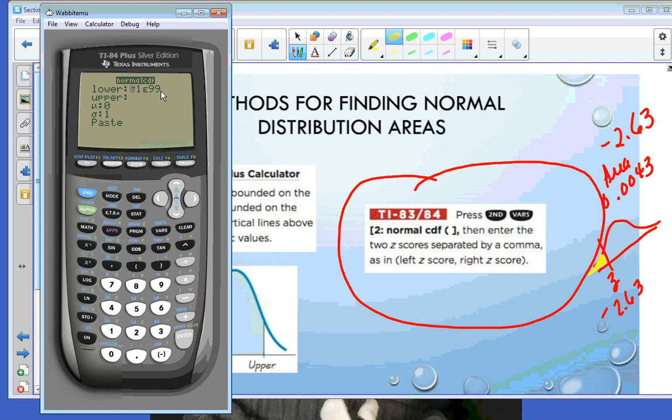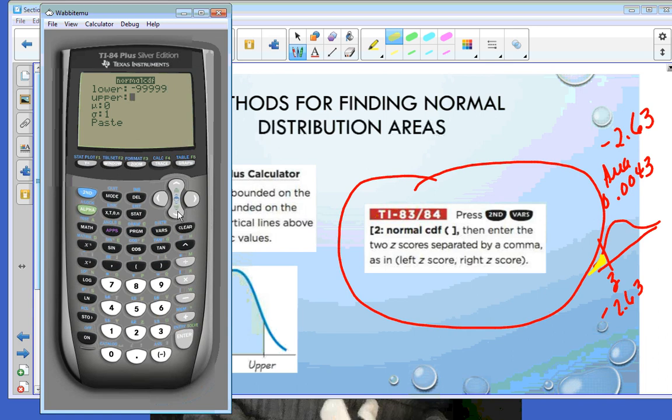Those of you who have to punch in exactly what it is, I'm going to show you what to punch in. You should punch in negative 99999. That's my lower end because it's all the way to the very end of that normal curve. Then I'm going to cursor down.